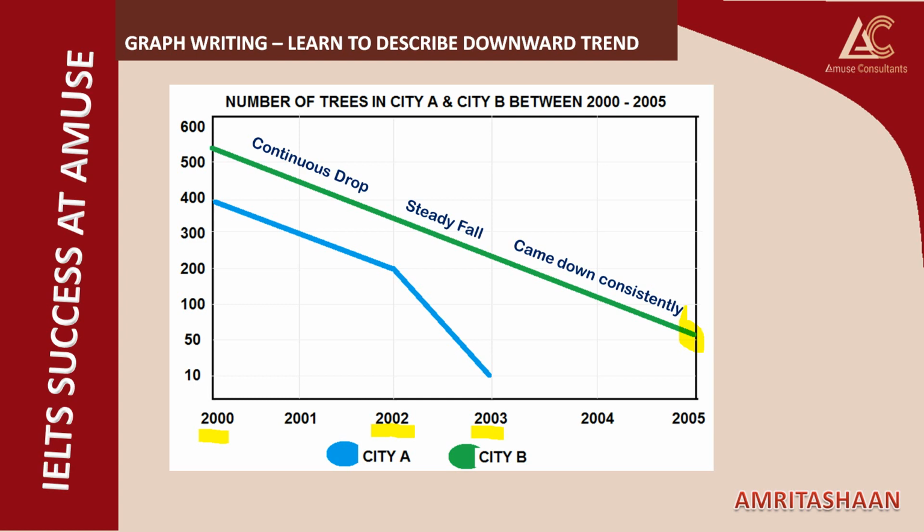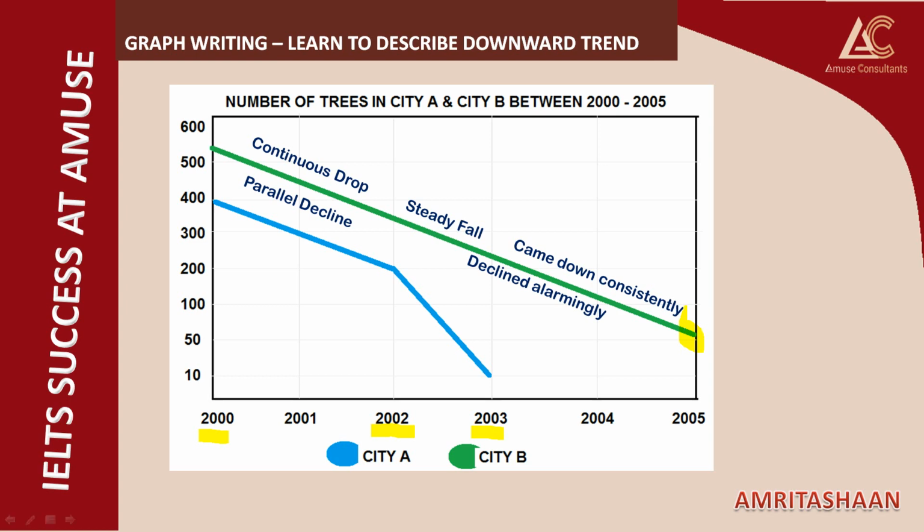It is the same phrases that are giving the same meaning. The number of trees declined alarmingly. Yes, it was a shocking change because there was a great reduction of trees in the city B. So to describe, I have given you four different types of phrases to describe the same type of movement.